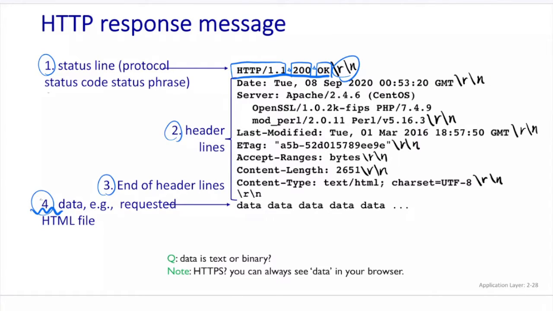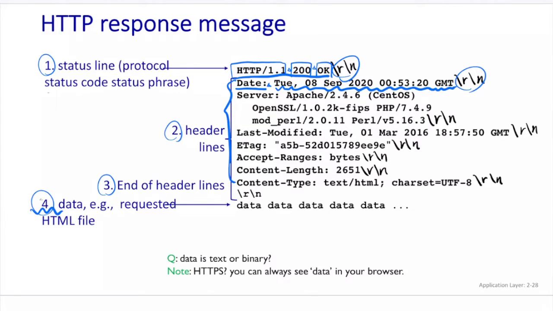And the second part is header lines, and of course there is some other information that the server would like to exchange with the client. So the format is very similar. Okay, we still have the name right here, and here's the white space, and here's the value, right? And it ends with \r and \n.